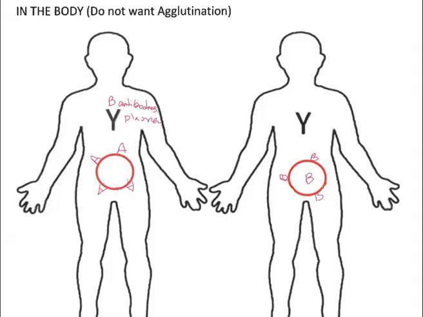What naturally occurring antibodies would they have? They would have A antibodies, and those antibodies would be found in the plasma.